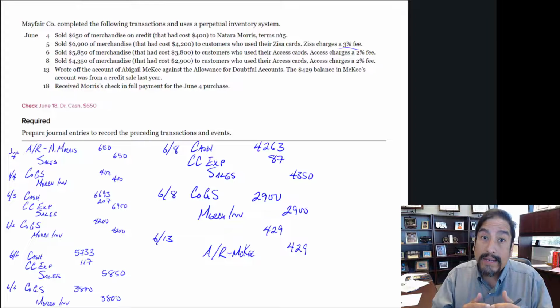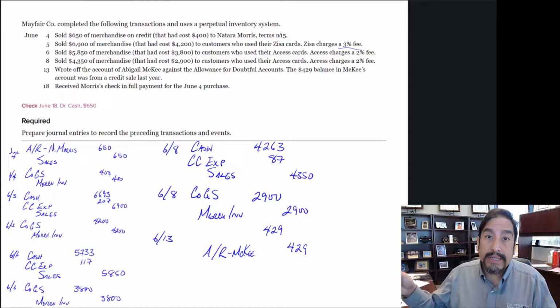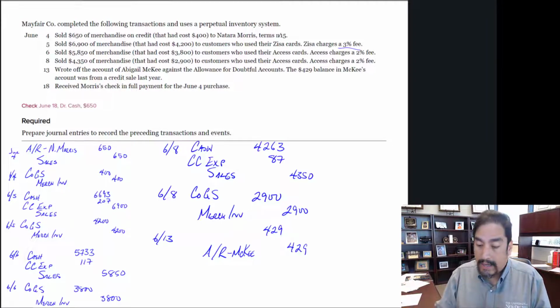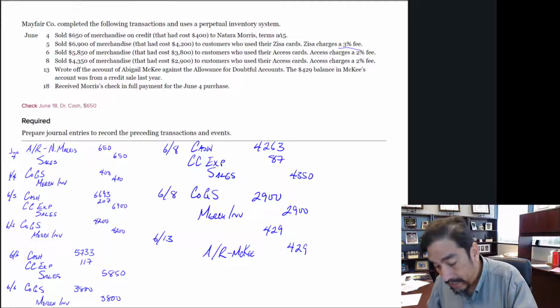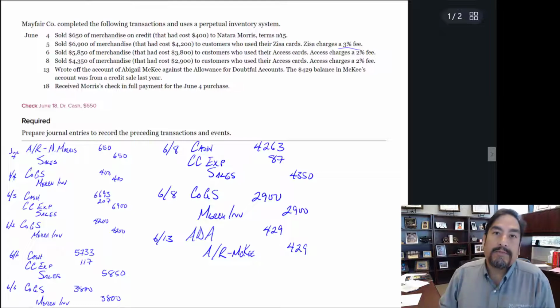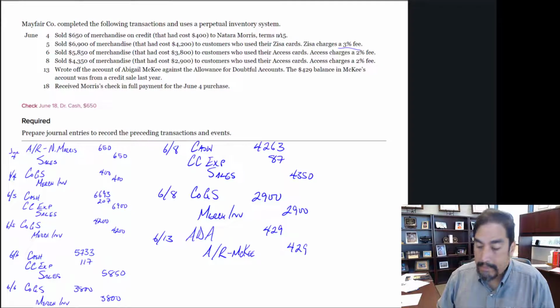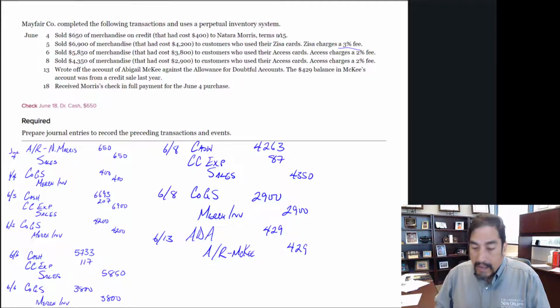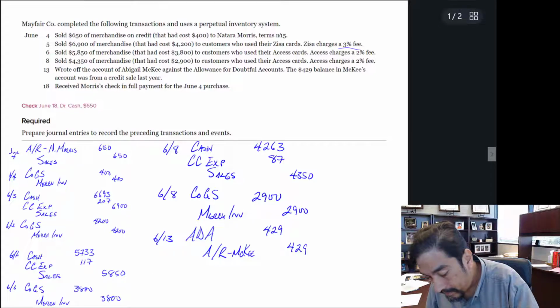We put that credit into the ADA account so we can use it in the following year as customers go bad. So here we're going to use some of that up. Allowance for doubtful accounts is going to be our debit for this $429. And then June 18.